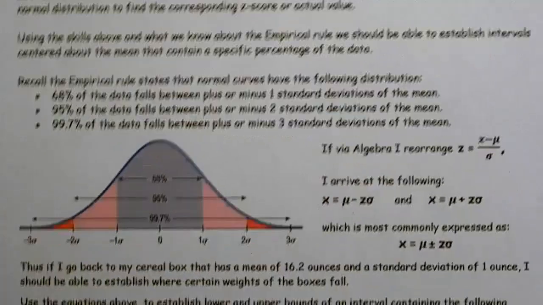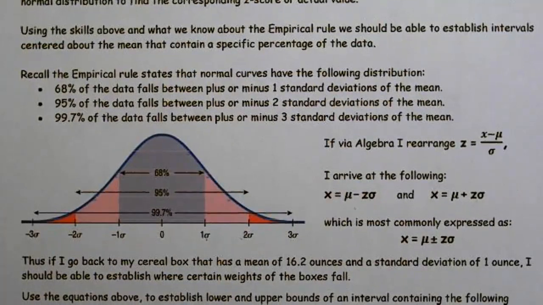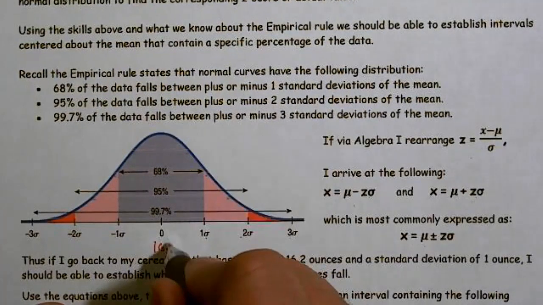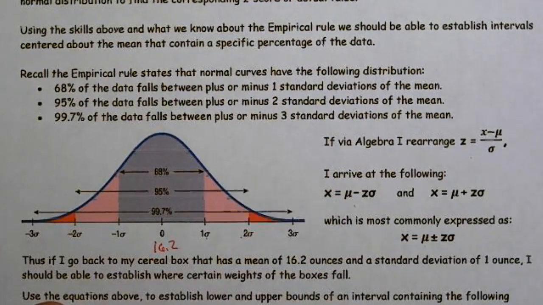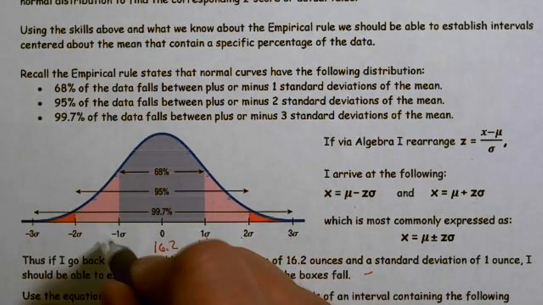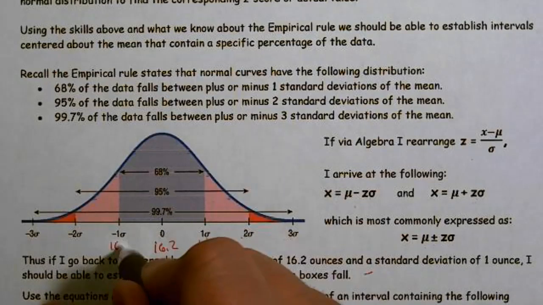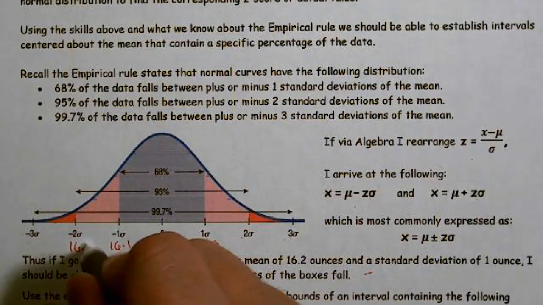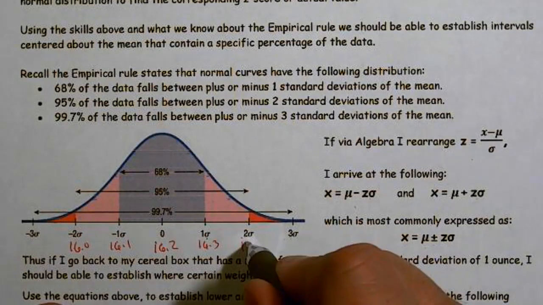So going back to the previous problem on cereal, we had a mean of 16.2. Plus or minus one standard deviation, our standard deviation in that case was 0.1. So this would be 16.3, and this would be 16.1. And this would be 16.0, and this would be 16.4.